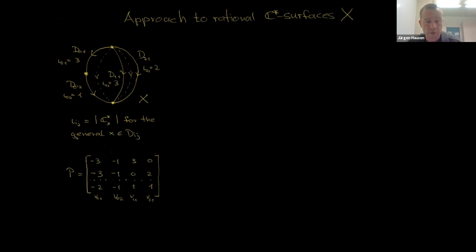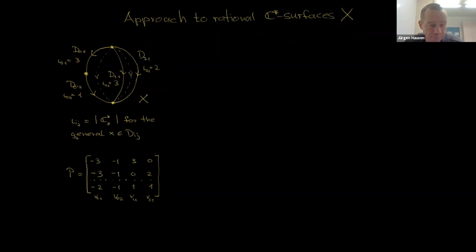If we look at the second column, we see the number 1, and that's the isotropy order of D02, and so on. The third column tells us about the second arm, isotropy group order 3, and the last column is the third arm. Observe that the first two columns are of the same type. This reflects the fact that these curves come from the same arm.